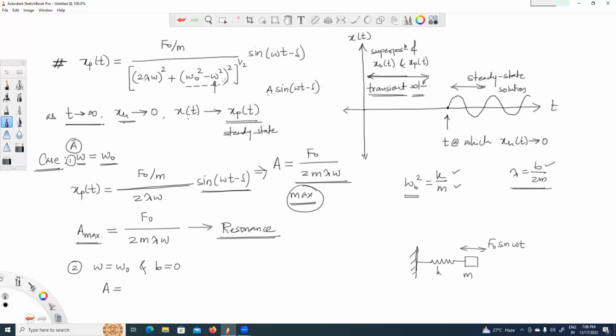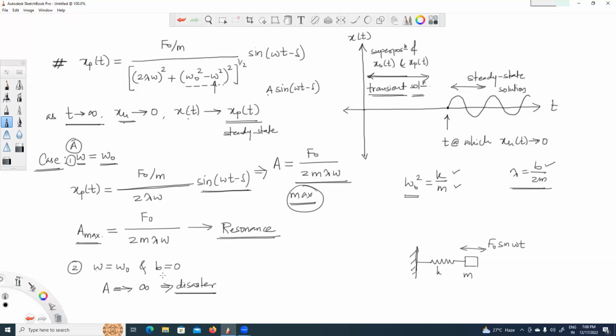So the denominator becomes 0, and now this amplitude tends to infinity. What is meant by amplitude becoming infinite? This is a disaster, that you cannot control the amplitude of these vibrations, and the system will oscillate with the maximum possible amplitude.